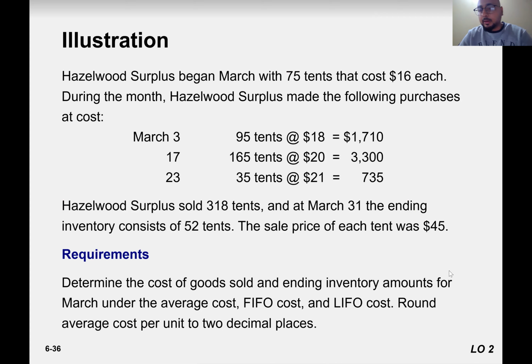I would be expecting 3 pictures in 10 minutes. After 10 minutes, I will be closing all the rooms. So please find out the average ending inventory and average cost of goods sold, and then FIFO, and then LIFO. Okay, here we go.